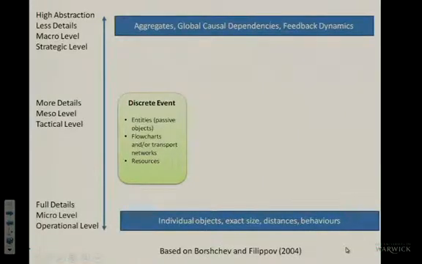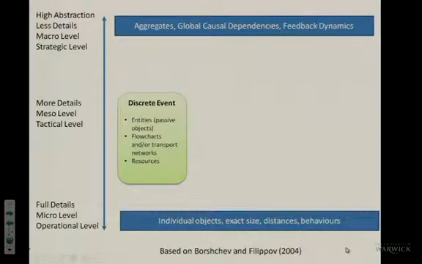So if we want to analyze or categorize the different simulation tools, we can use different dimensions. In this graph, you can categorize in terms of the level of the analysis.